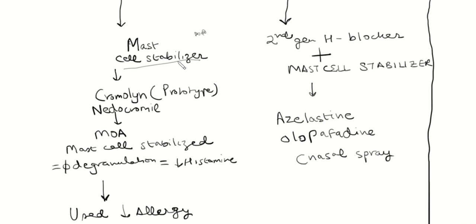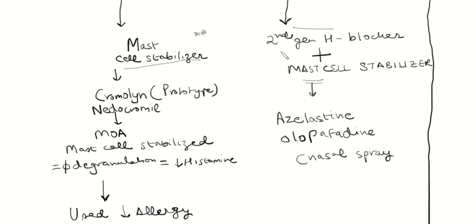Okay, so that's mast cell stabilizers. Just a quick note, this is a special mention. Okay, so remember the two mechanisms, mast cells plus IgE plus allergen gives you histamine plus H1 receptor gives you symptoms.